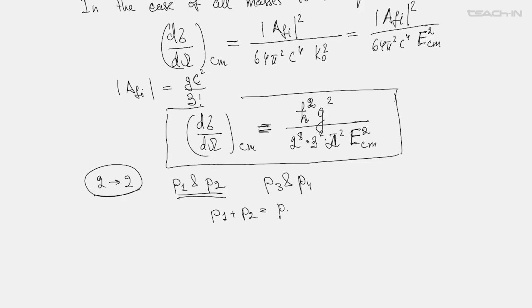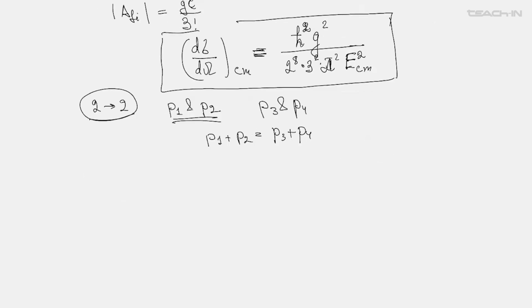Now, the scattering amplitude is a Lorentz invariant quantity. This A_FI, which enters the answer for the differential cross-section, is Lorentz invariant. Which means that this amplitude can be written only in terms of Lorentz invariants you may construct from these momenta p1, p2, p3, p4, subject to the conservation law.